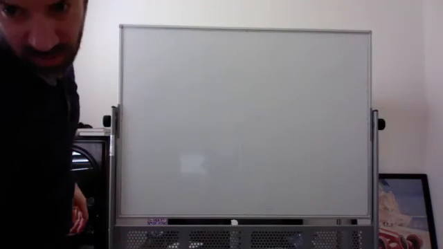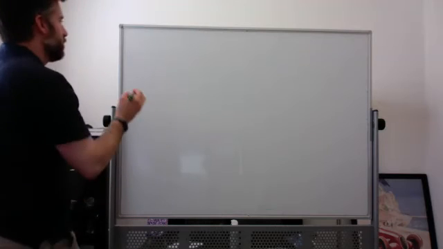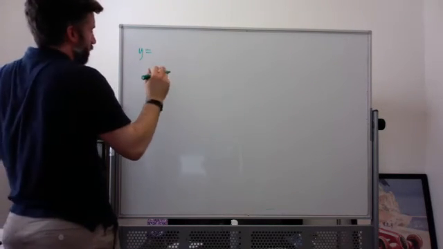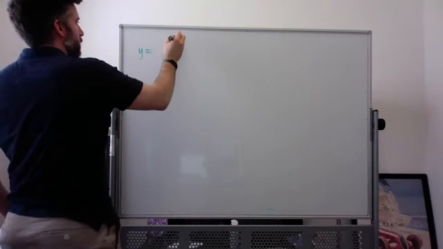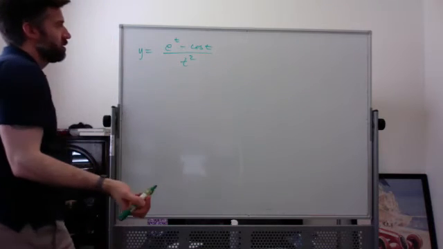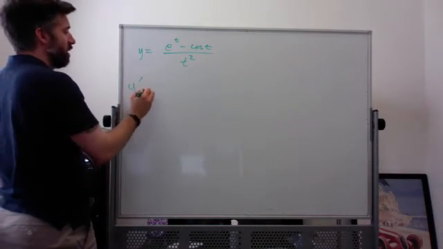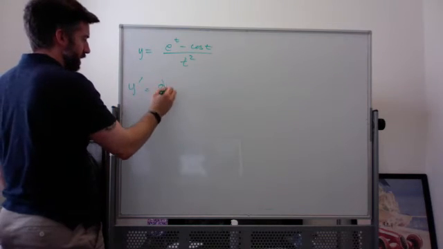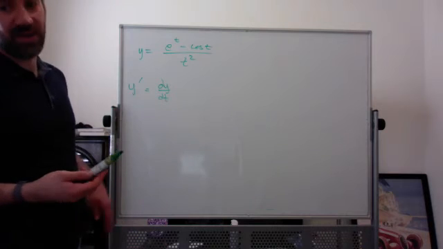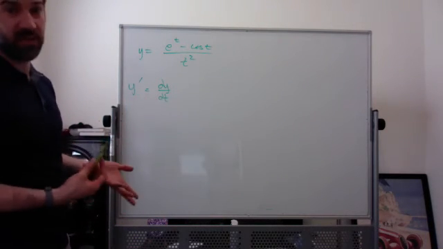So if I had, you know, y equal to e to the t minus cosine of t over t squared, I could write this as y prime, or I could write it as dy dt. There's lots of different notations for the derivative. Try not to get too confused by them. In problem 6, he's definitely using this dy dt notation. It just means find the derivative.